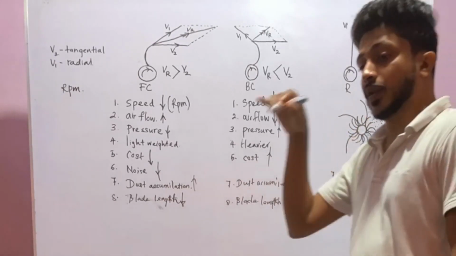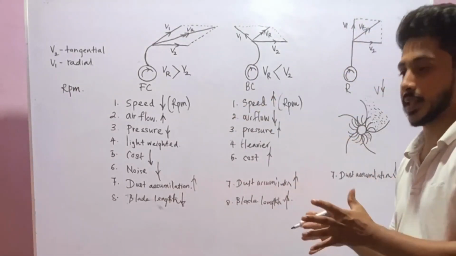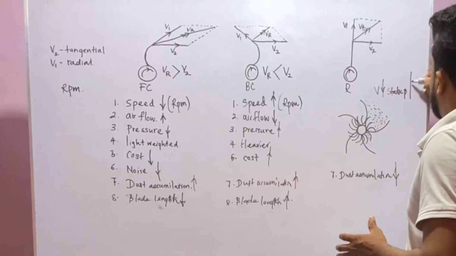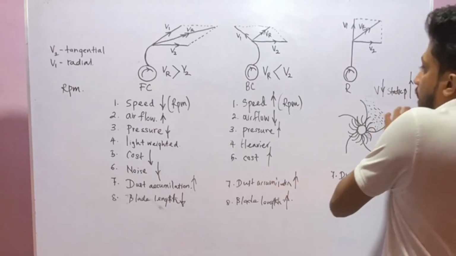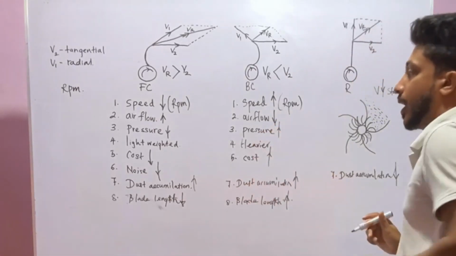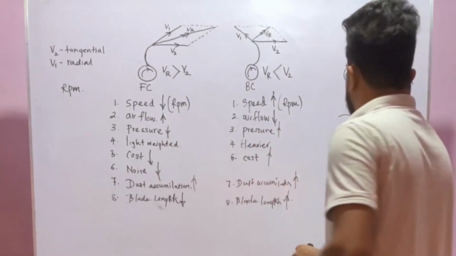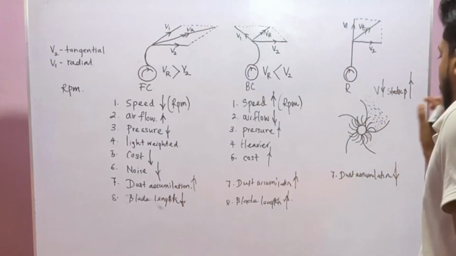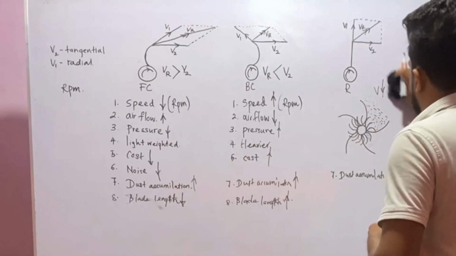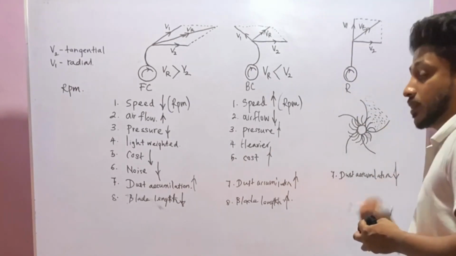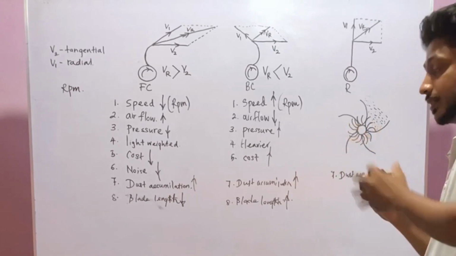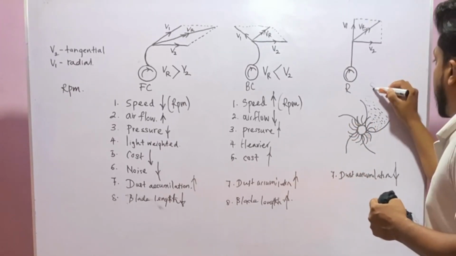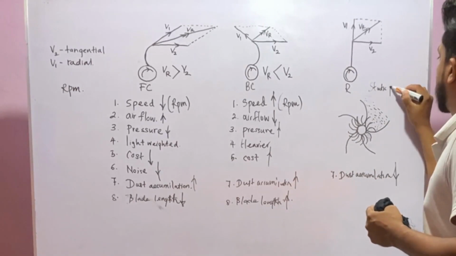If the velocity is decreasing, that means dynamic pressure is decreasing, which means static pressure is increasing. So that is why pressure in the backward curve fan has increased. If we compare the forward curve fan, their cross-sectional area is not increasing very much, because of that, they cannot build up static pressure.